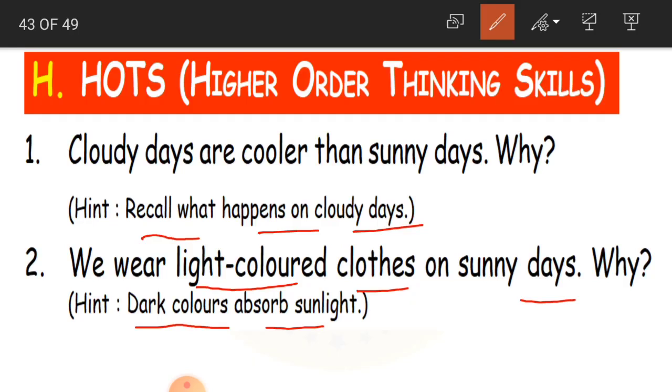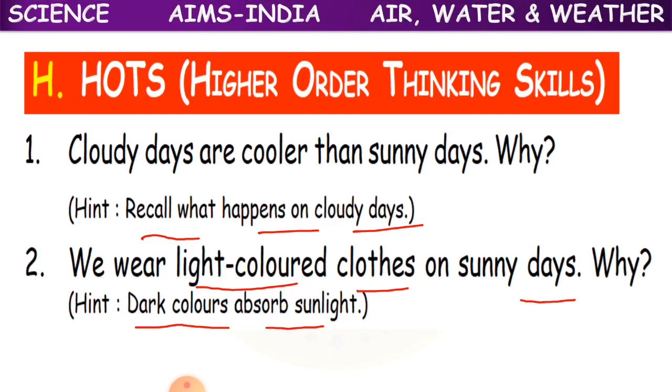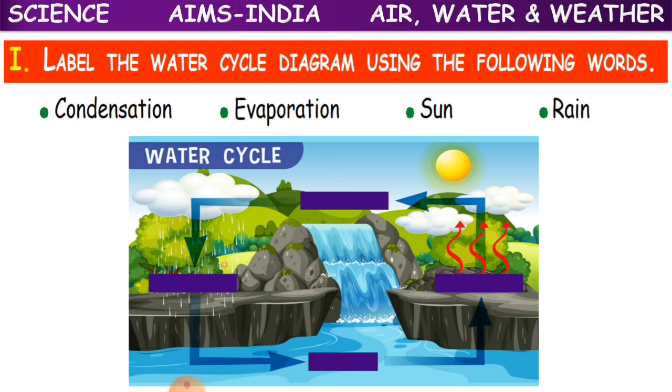Because we have to protect ourselves from the heat of the sun, we wear light colored clothes on sunny days. Okay, children, I have just given you a rough answer. Write it as a clear answer in your notebooks. Clear, children? And now here, label the water cycle diagram using the following words.